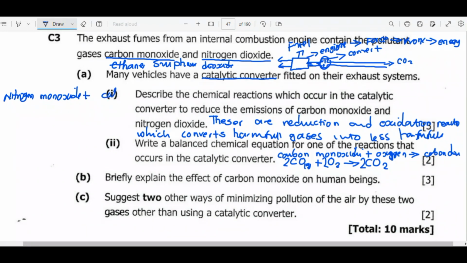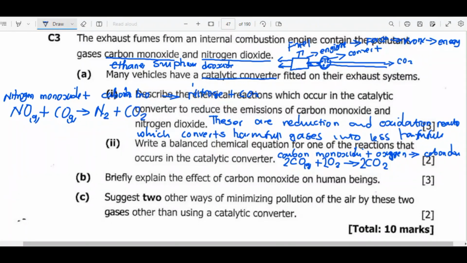Then the other one we can use, let's say, nitrogen monoxide, which will react with carbon monoxide to give us nitrogen plus carbon dioxide. So the nitrogen monoxide is NO plus CO, then we have nitrogen gas plus carbon dioxide.